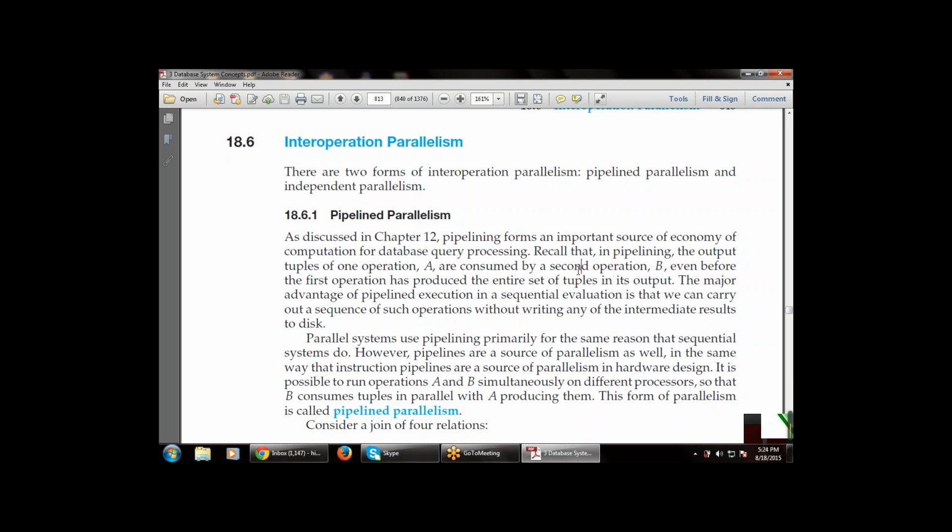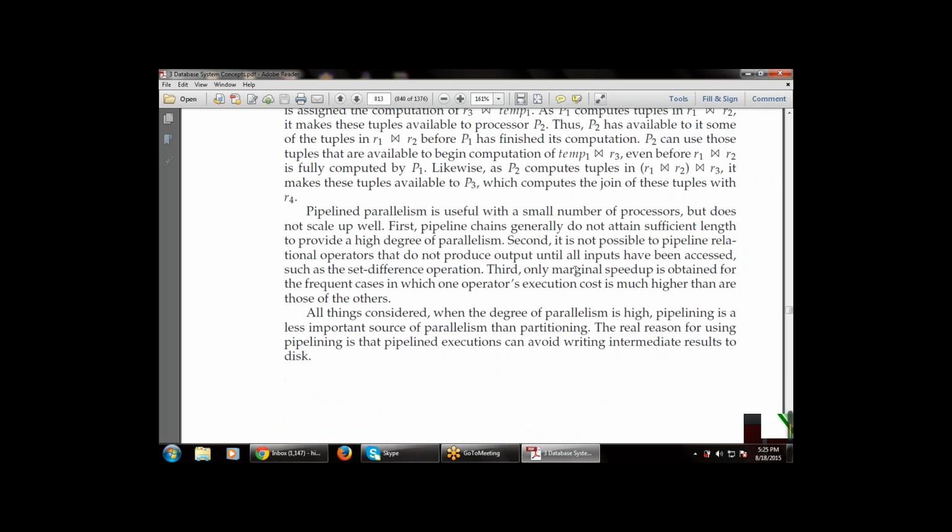However, pipelines are a source of parallelism as well, in the same way that instruction pipelines are a source of parallelism in hardware design. So in hardware design, parallelism is also used in the various design parts. Suppose A produces output that B consumes, so that is also pipeline parallelism.